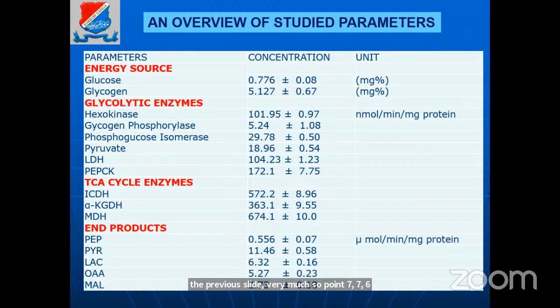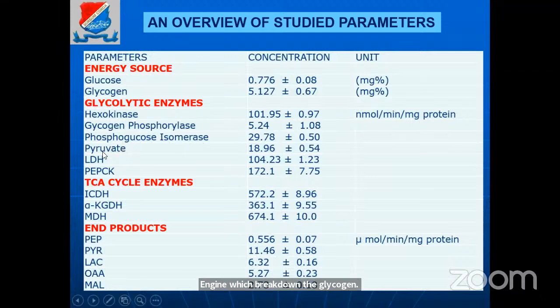But glycogen is much higher, because it is the major source of energy they store in their muscular system, 5.127 milligram percentage. Glycolytic enzymes we have studied here: hexokinase, the first step of glucose metabolism; glycogen phosphorylase, which breaks down glycogen to glucose 6-phosphate, you already know that; and phosphoglucoisomerase, a most important enzyme.